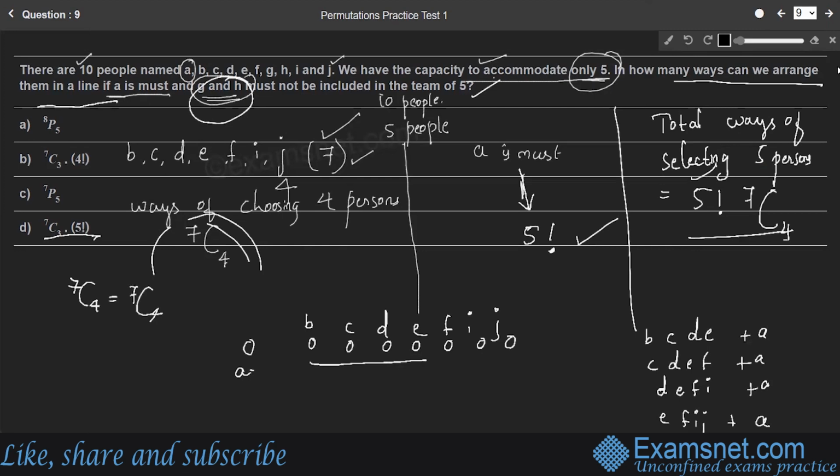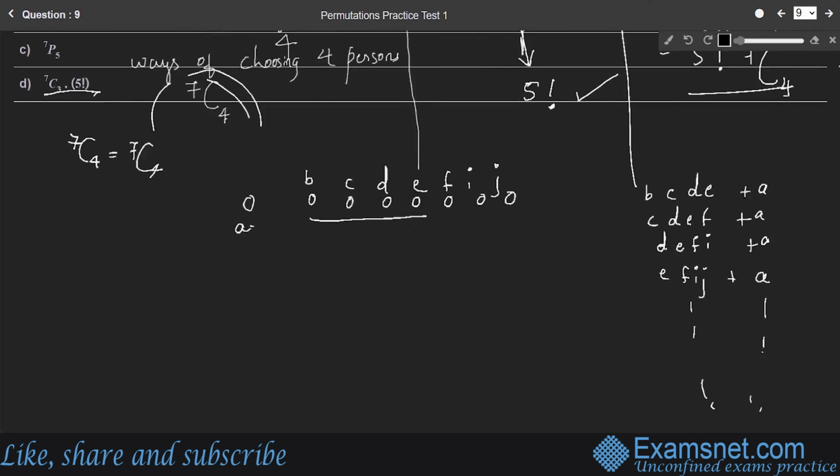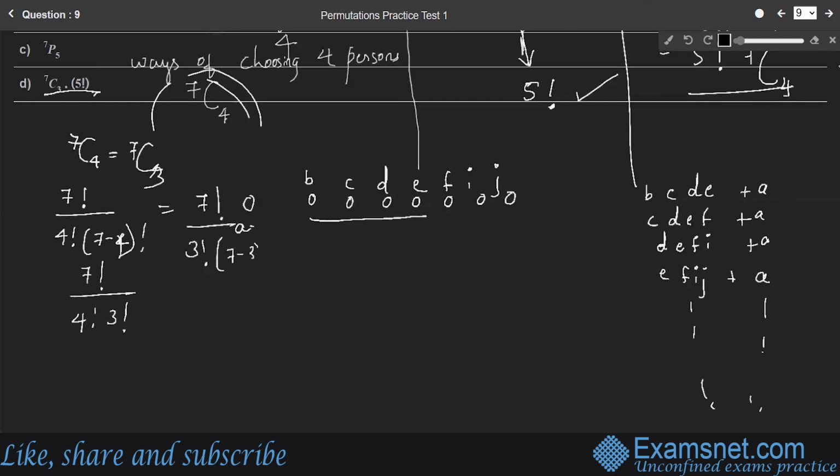We all know that. Apply the formula nCr is n factorial divided by r factorial into n minus r factorial. For 7C4, here r is 4, so it is 7 factorial divided by 4 factorial into 3 factorial. And 7C3 is 7 factorial divided by 3 factorial into 7 minus 3 factorial, which is 7 factorial by 3 factorial into 4 factorial.